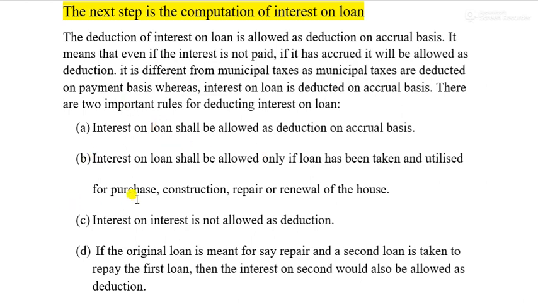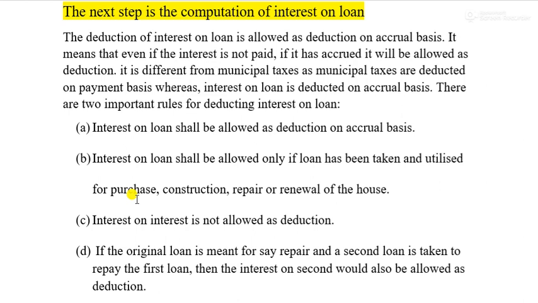Next, interest on interest is not allowed as deduction. Suppose if the loan amount is very huge, and it so happens that if you miss to pay the interest once, the interest on interest is accrued. Suppose the loan is of 90 lakh rupees and the interest comes to 9 lakh. Suppose if you miss to pay the interest of 9 lakh one time, what happens?